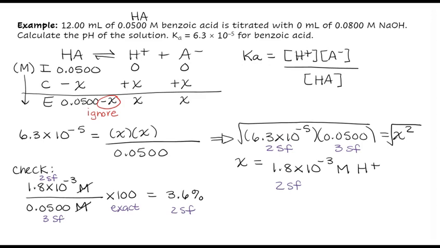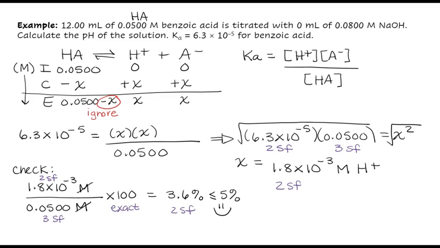Our threshold, where we're saying x is small enough, is 5%. So as long as this is less than or equal to 5%, then we're good. Our assumption is valid. In this case, 3.6 is less than 5, so we can keep the work that we've done for x, and we don't have to solve the quadratic equation.